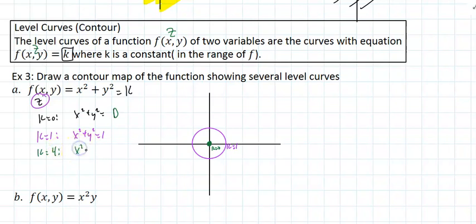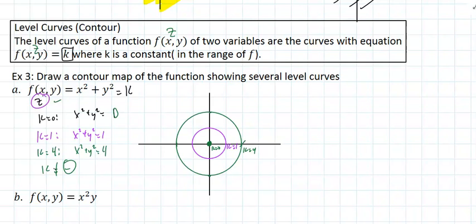Because I know circles work best if I have perfect squares. K equal 4, isn't that z equal 4? Now we know that k cannot be negative. So several levels right there.